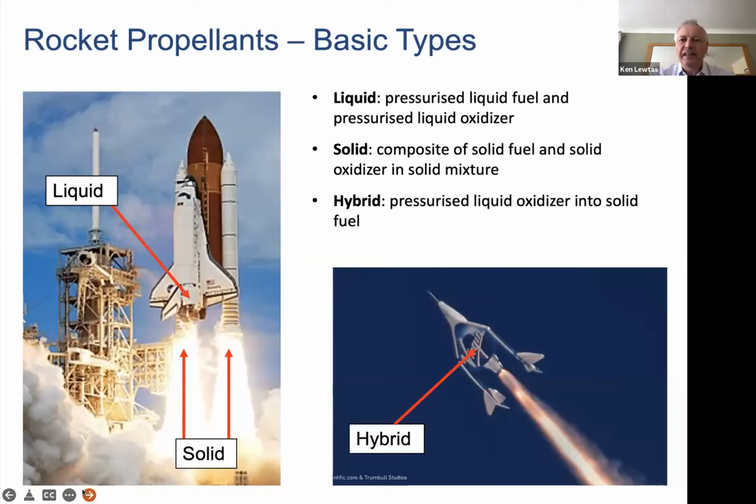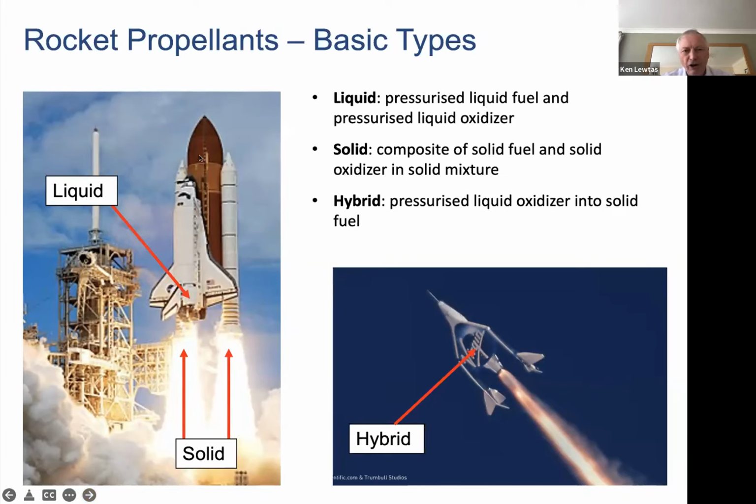So what I thought I'd do is give you a quick overview here. And this presentation just summarizes the three types of rockets. One is liquid. This uses a pressurized liquid fuel and a pressurized liquid oxidizer, and it pumps those into the nozzle and ignites them. And this is what you saw with things like the launch of the space shuttle.